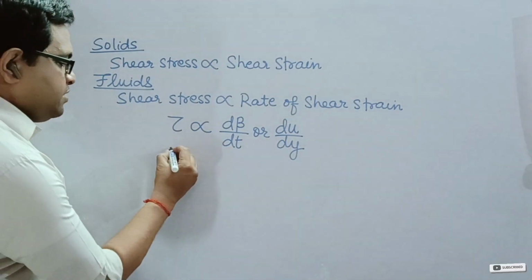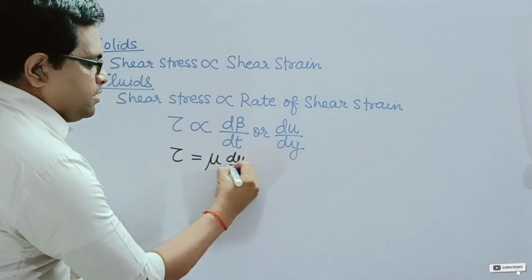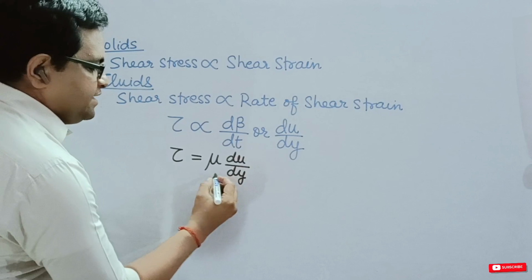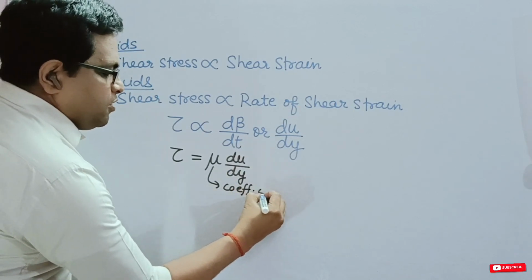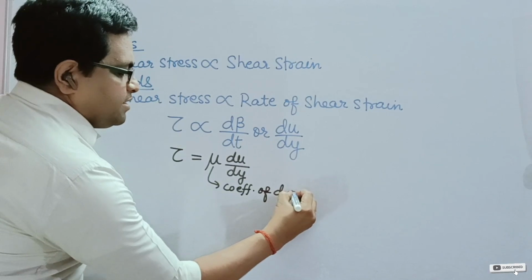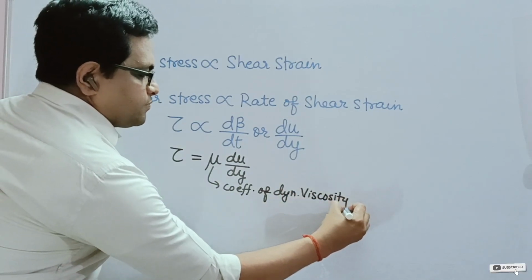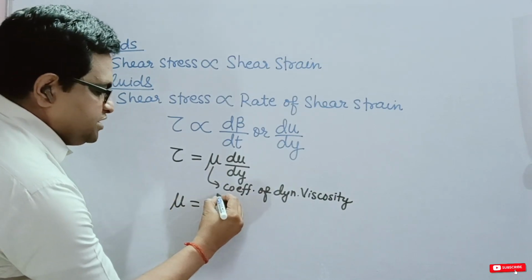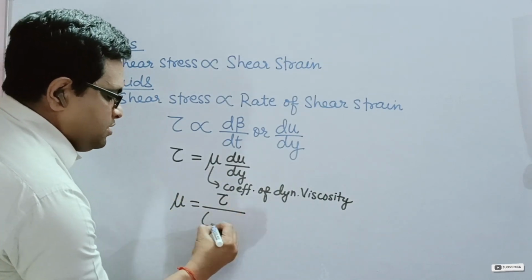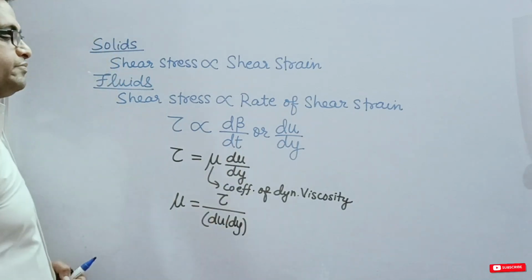Let us see, tau can be written as mu du upon dy, and it is this mu which we call the coefficient of dynamic viscosity. This mu can be calculated as the shear stress tau upon the velocity gradient du upon dy.